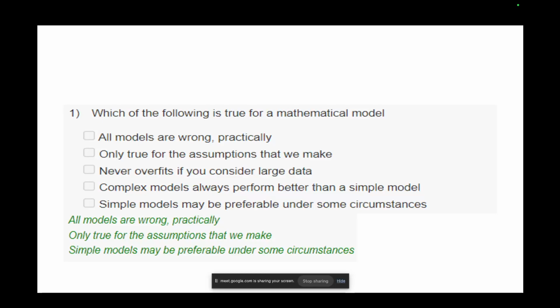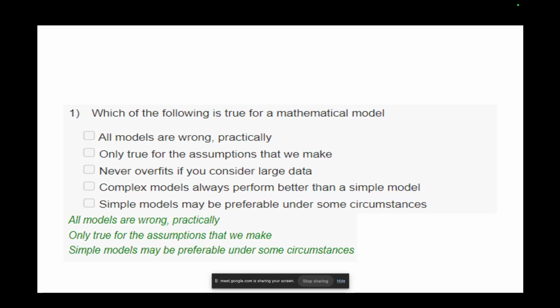Even the best model explaining the system will be wrong on certain levels. So technically, all models are wrong, and a model is only true for the assumptions that we make. If we make correct assumptions, we'll get results closer to the original system. If we don't, we'll get wayward answers.